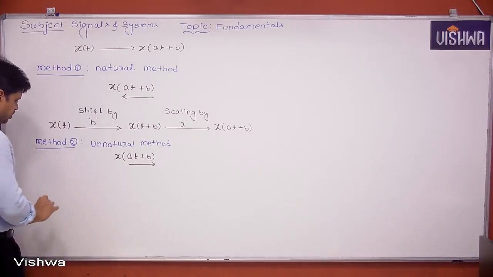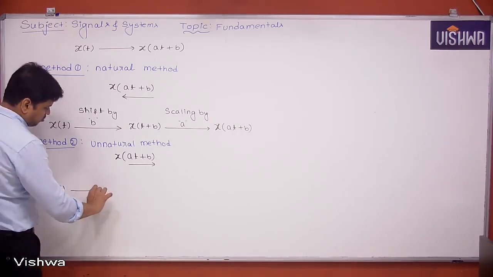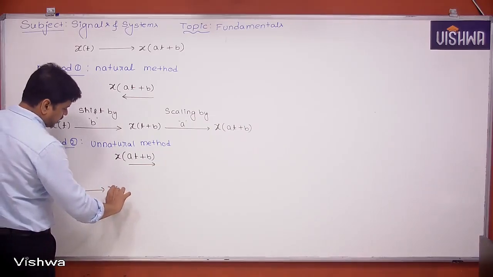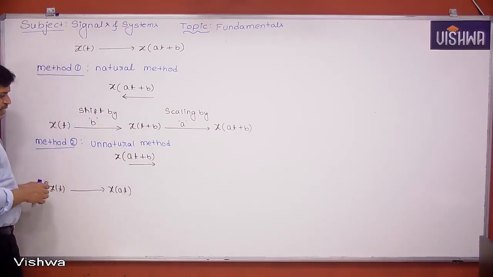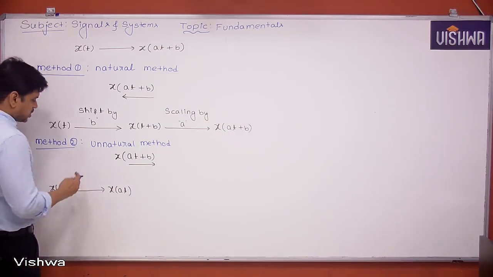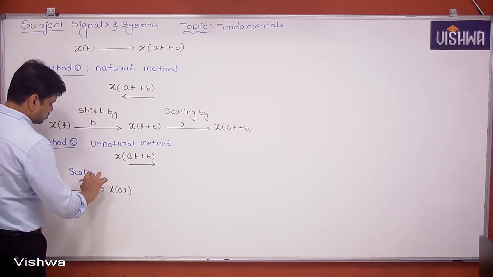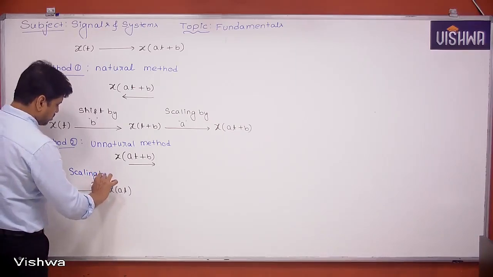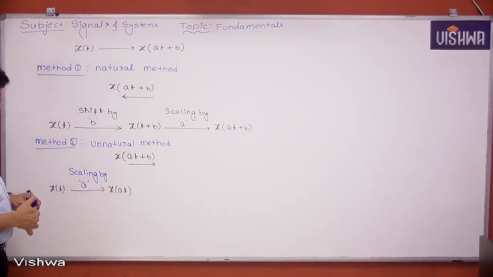Let's go one by one. X of t, I know it. From this, I have to get x of at. If I want to get x of at, what do we have to do? Scale by a. Then t got replaced with at.